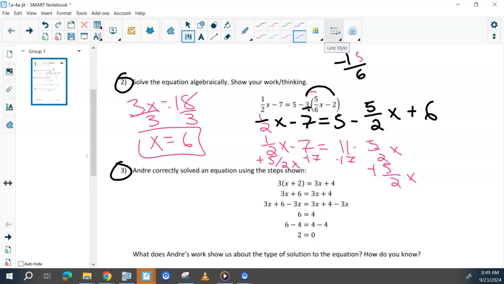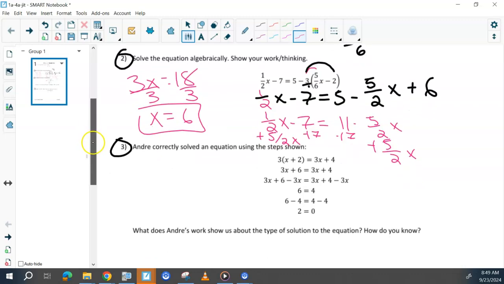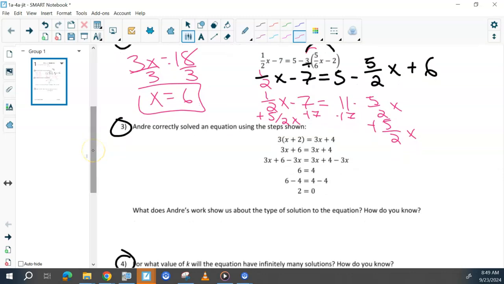In number 3, it was already solved for you. You just need to look at the type of solution you would get. So if at the end you don't have any variables and you get 2 equals 0, what type of solution is that? No solution.